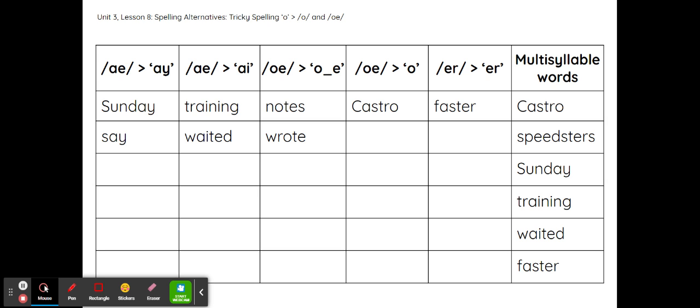The O sound, spelled with an O: Castro. Spelled ER: faster. Multisyllable words: Castro, speedsters, Sunday, training, waited, faster. Remember, multisyllable means it has more than one syllable. So those words you can clap out the beats. Castro, speedsters, Sunday, training, waited, faster.